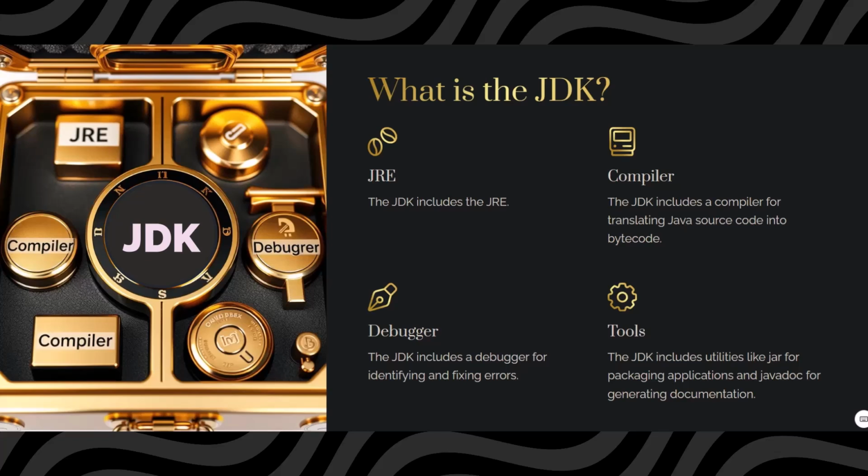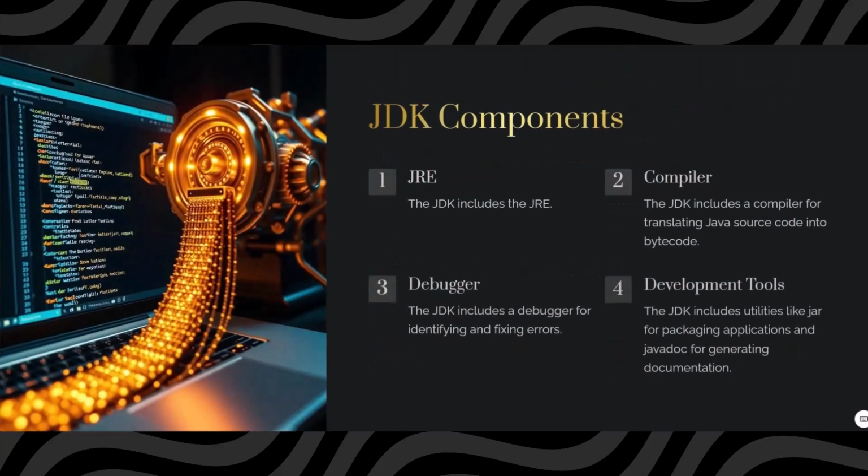The JDK's main components include the compiler, which translates your Java source code into bytecode, the debugger, which helps to identify and fix errors, and utilities like jar for packaging applications, and Javadoc for generating documents. Components of JDK: JRE, compiler, debugger, and development tools.